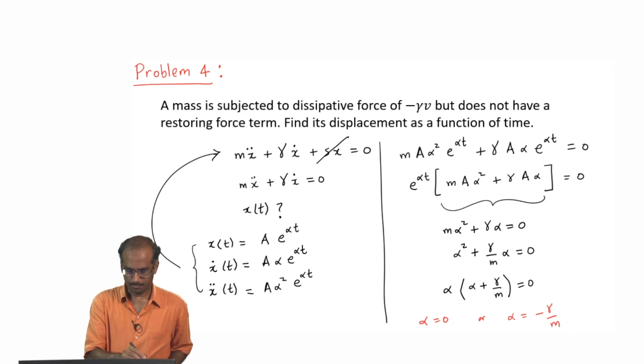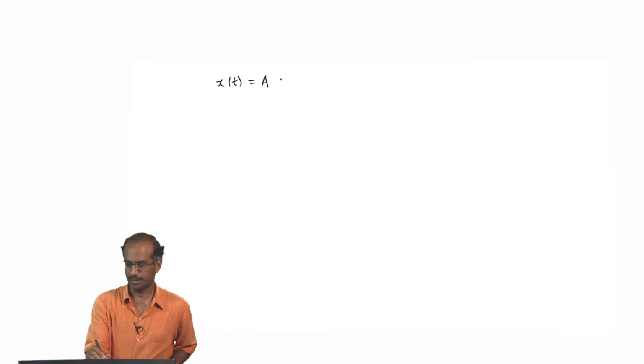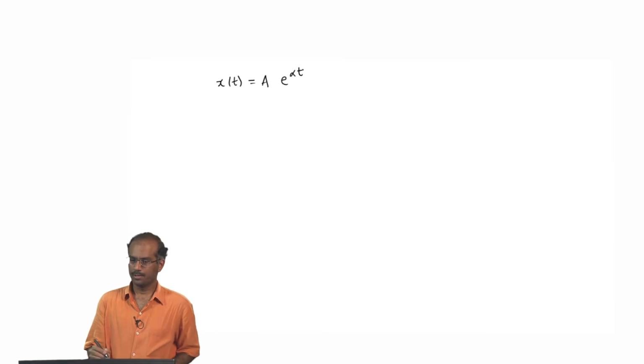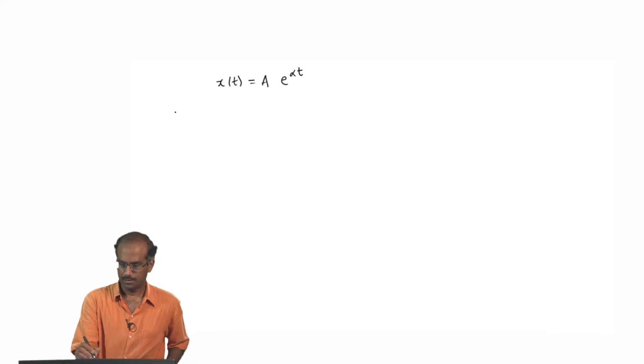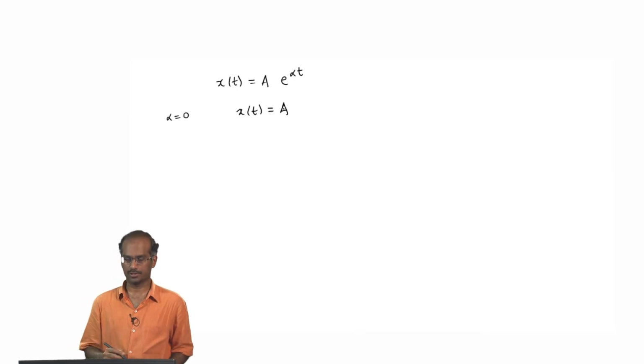I can now plug this back into the equation that I assumed, a e power alpha t. If I take alpha to be equal to 0, x of t would be equal to a, which is a constant.